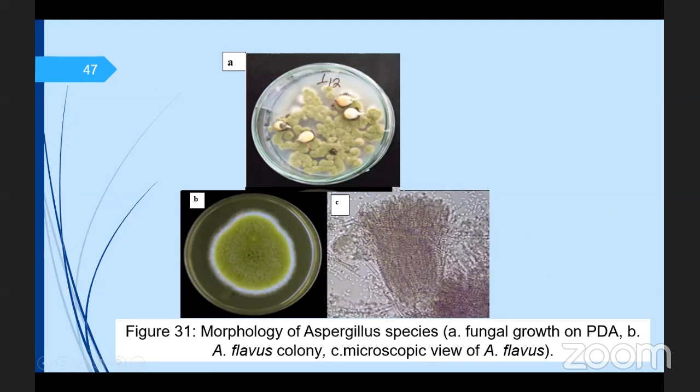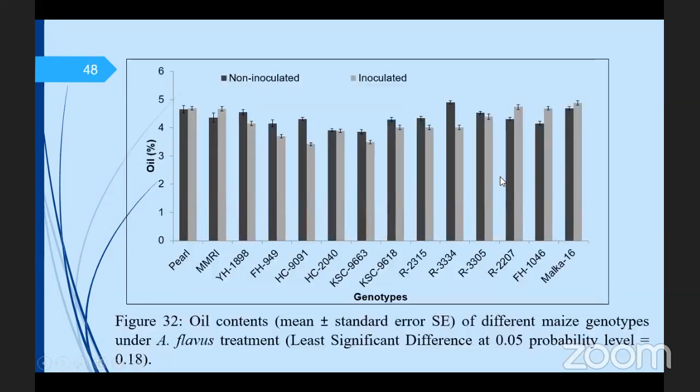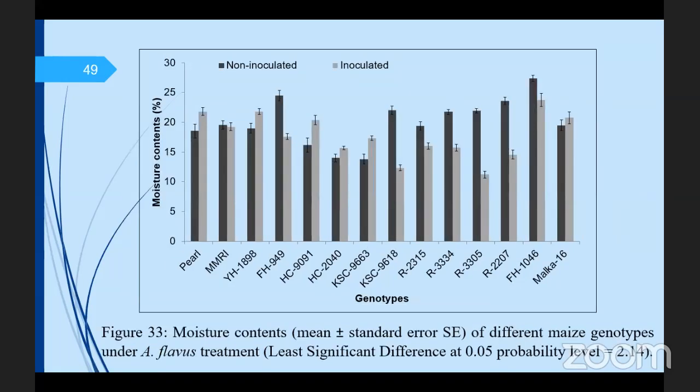Here is a pictorial representation of Aspergillus flavus that was confirmed from the grain and identified by morphological and microscopic studies. And oil contents had a variable response toward the inoculation of Aspergillus flavus, but in most of the genotypes of maize, the oil contents were reduced.